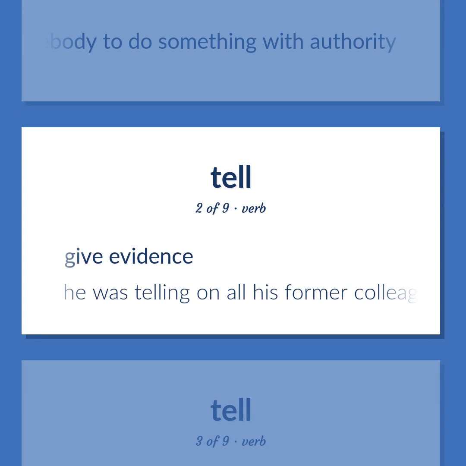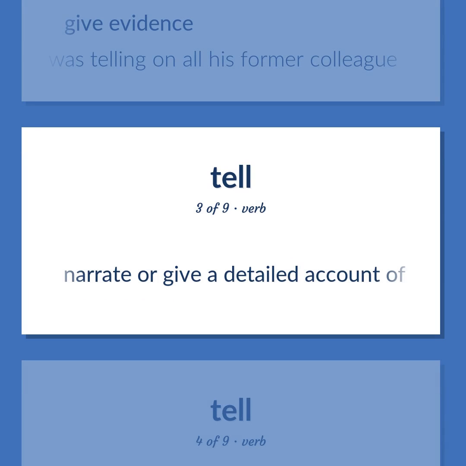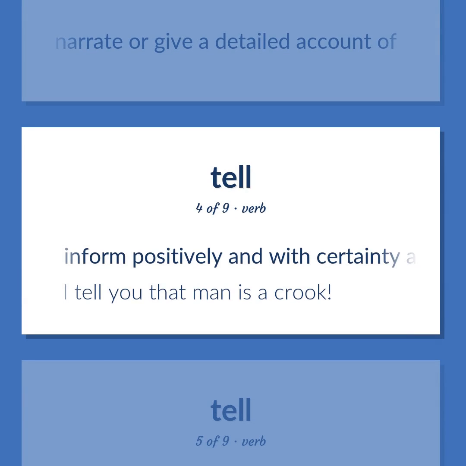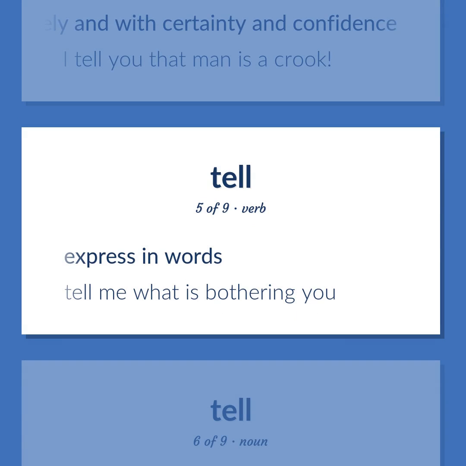He was telling on all his former colleagues. Narrate or give a detailed account of. Inform positively and with certainty and confidence. I tell you that man is a crook. Express in words. Tell me what is bothering you.